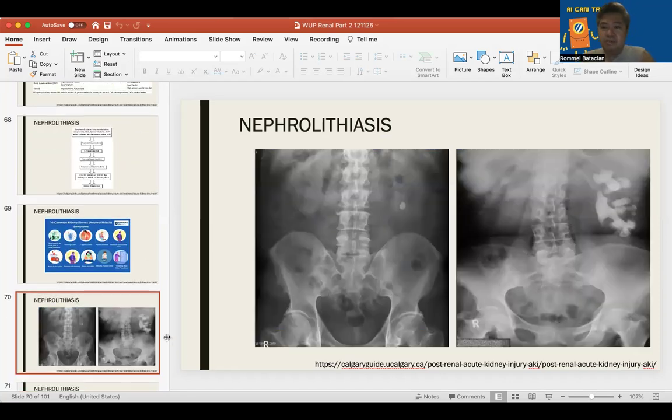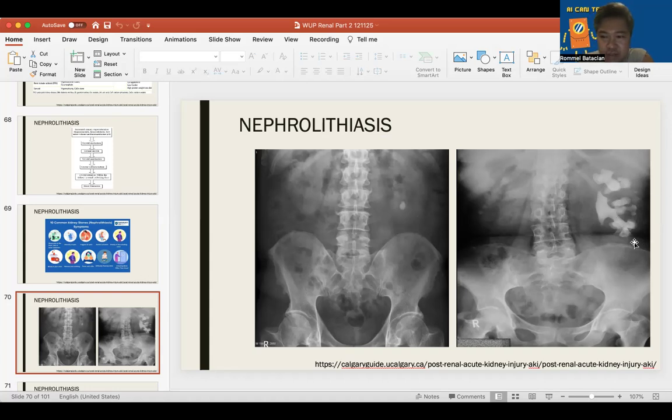So, in terms of imaging, one can still use the plain kidney ureter bladder radiogram. But this would be limited to those radio-opaque stones, such as this one, a very small stone at the left kidney. This one, if you can see, there's some branching. So the stone size here is definitely much bigger than this one.